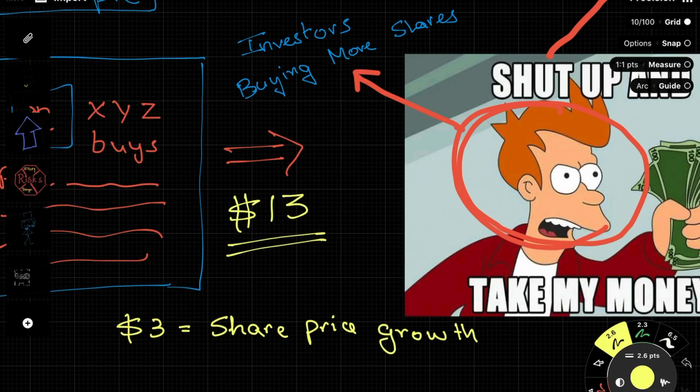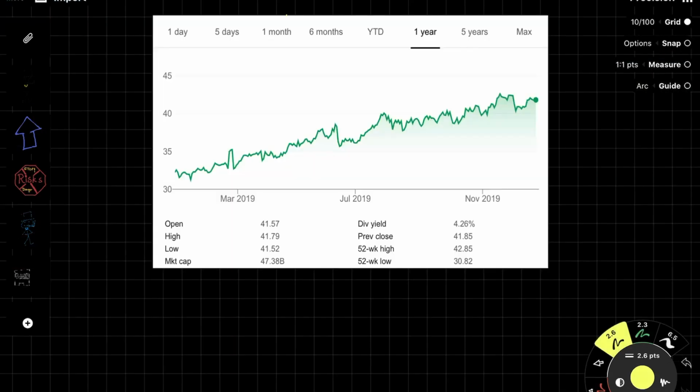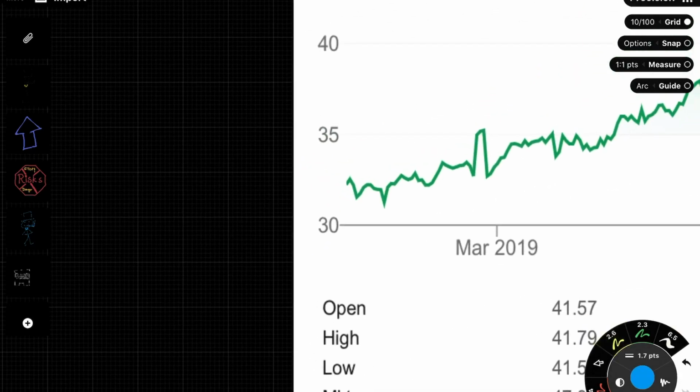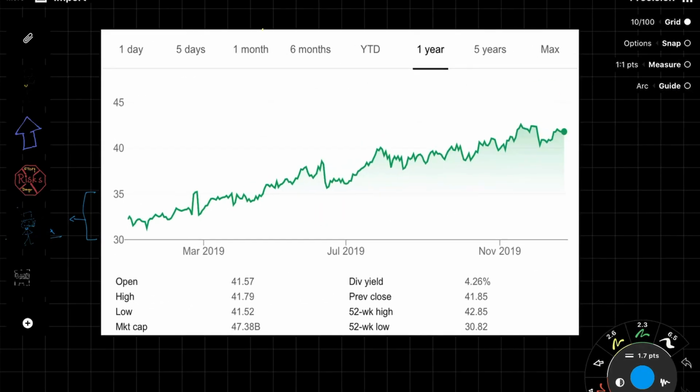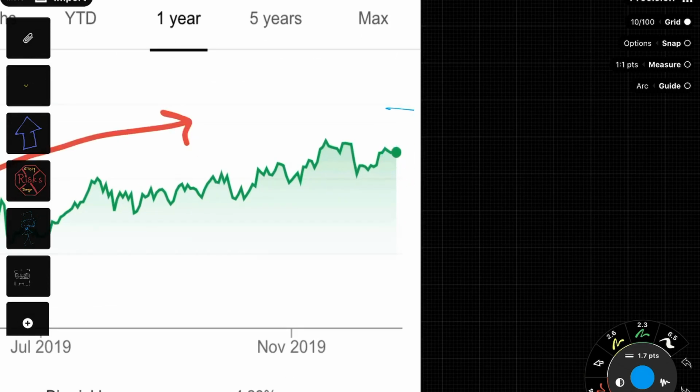Let me give you a much more realistic example. Have a look at this graph. This is a share price of an actual company listed on ASX. In January, its shares were trading somewhere around $32. And by the end of the year, it went all the way up, somewhere in between 40 and 45, let's say $42.